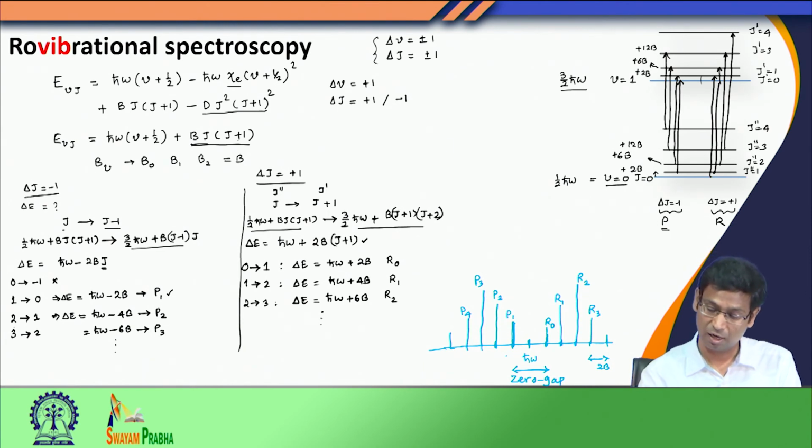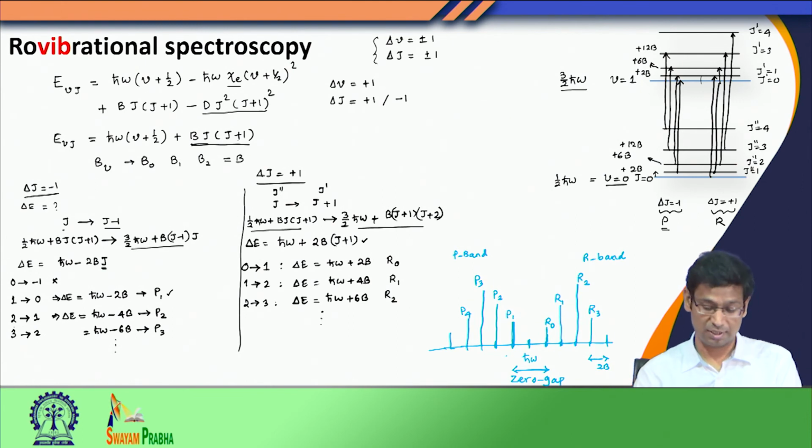Now, if we look at both the P and R sides, you would see that there are two distinct features separated from each other by this zero gap. This side is called the P band, this side is called the R band.